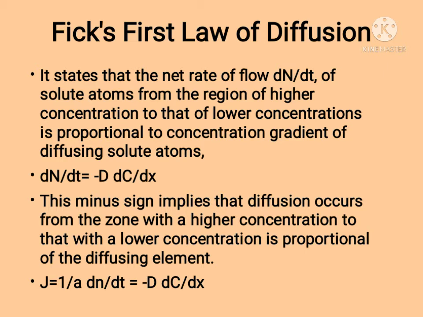Mathematically, it is given by dN/dt = -D dc/dx, where dN/dt is the net rate of flow of atoms, dc/dx is the concentration gradient, which is the rate of change of concentration per unit change of position. Capital D is the coefficient of diffusion.